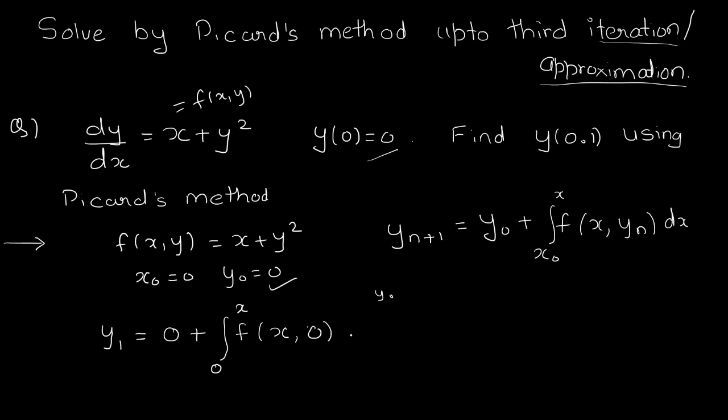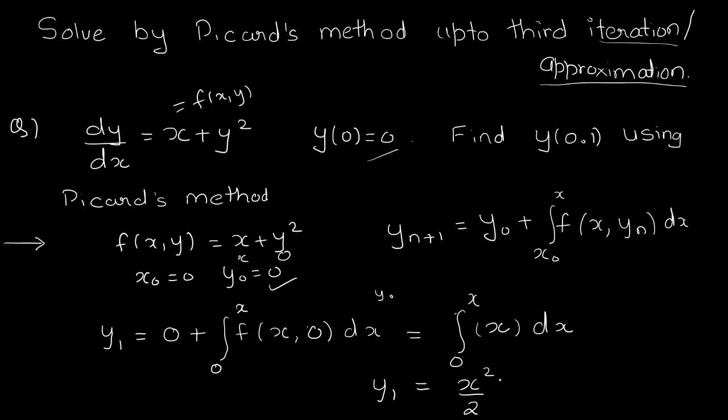It will be 0 dx, and it is what? 0 will be 0, so 0 to x, f of x comma 0 is what? This is x and this is 0, so y square will be 0, so it is only x that remains dx, and that is given by x square by 2. So I have y1 to be x square by 2.